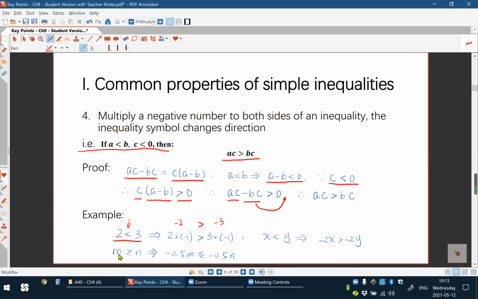And for another example, if we have m is greater than or equal to n, that means when we times -0.5 to both sides of the inequality, the inequality symbol changes direction. Therefore, we get -0.5m is smaller than or equal to -0.5n. Okay, any questions?